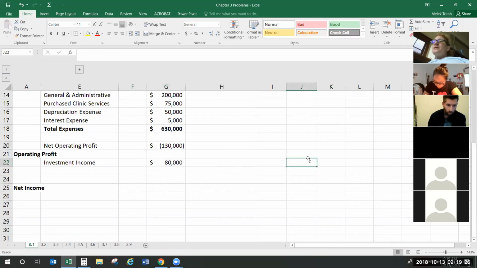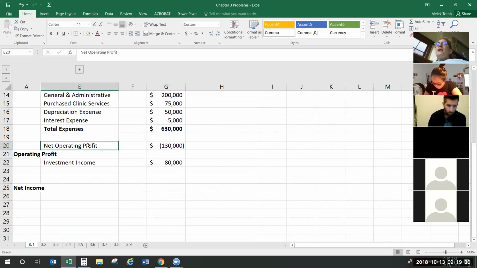And so just to quickly explain that, the word operating means your operations. So let's say you're a hospital. Normal operations include caring for patients. You might have a cafeteria, but your main operation wouldn't include any investment income.